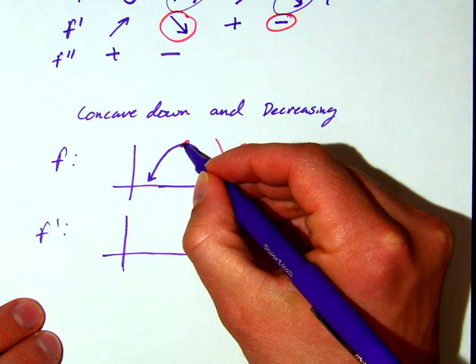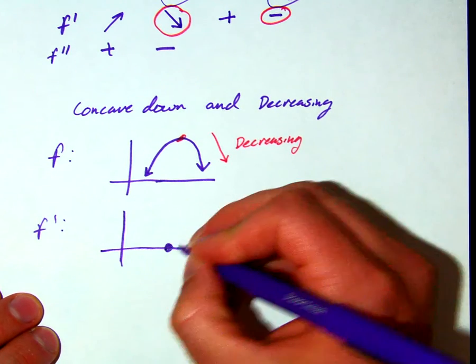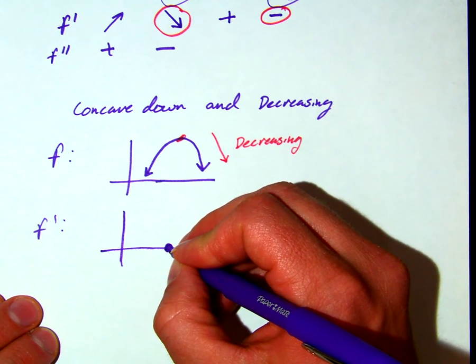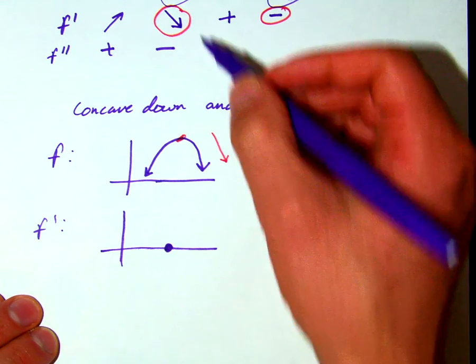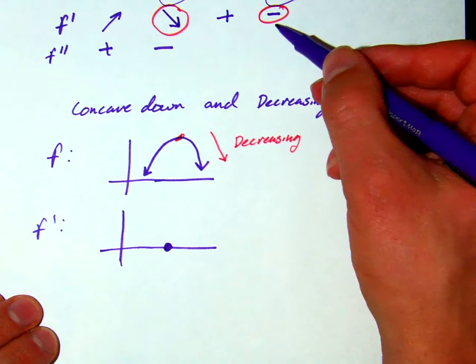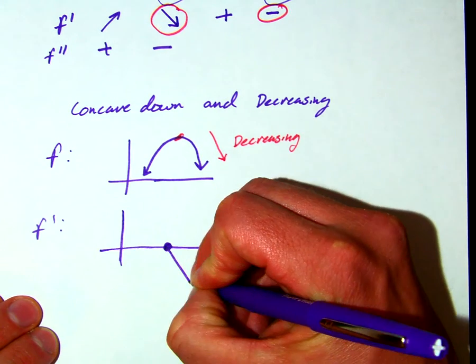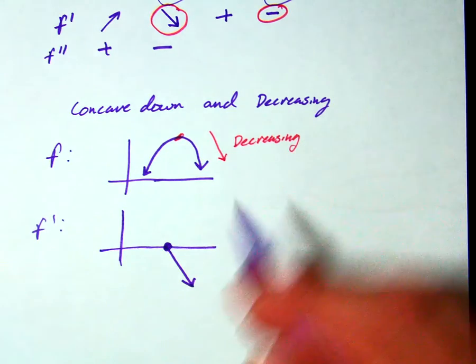When this hits its peak and starts to decrease, that means f prime of x is 0. Since it is decreasing, it's going to have a negative slope and be below the x-axis. So it's going to look like this. This is the part of the graph I'm looking for.